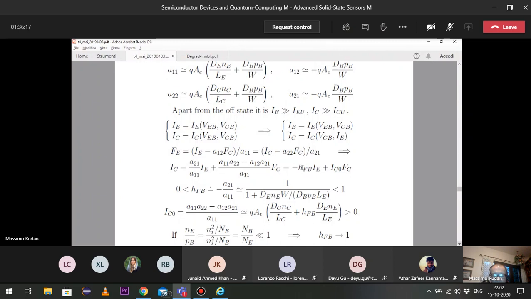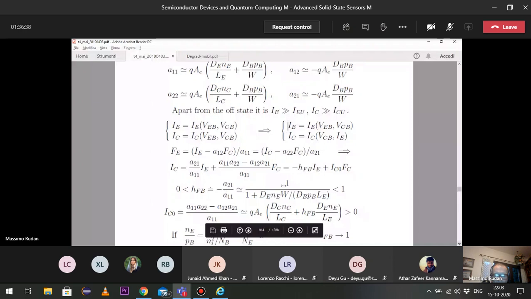Let's analyze a little bit more the gain, because you expect that a gain should be larger than 1. Actually, it is not. So this gain, HFB, is found simply by replacing the expressions of A21 and A11.